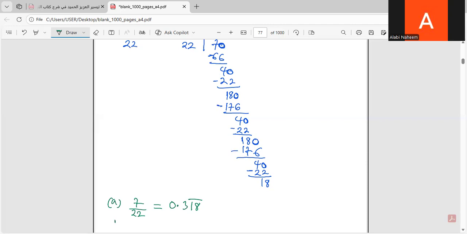The second method, which is not advisable to use for recurring decimals, is the dot method, where you include three dots. That is best for non-terminating, non-recurring decimals, for example the value of pi.